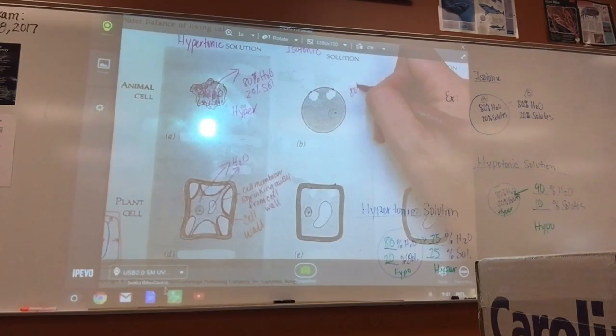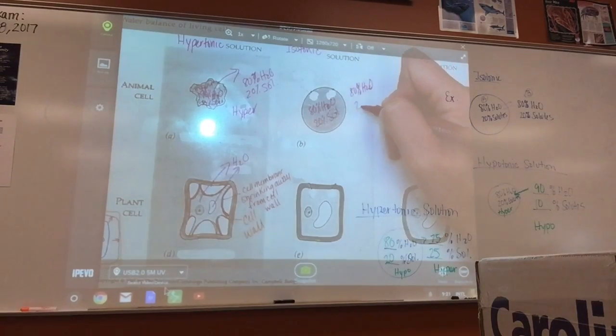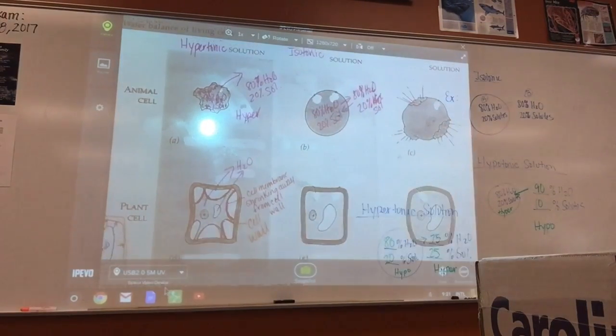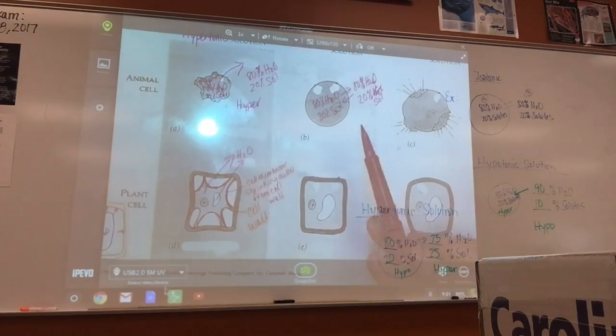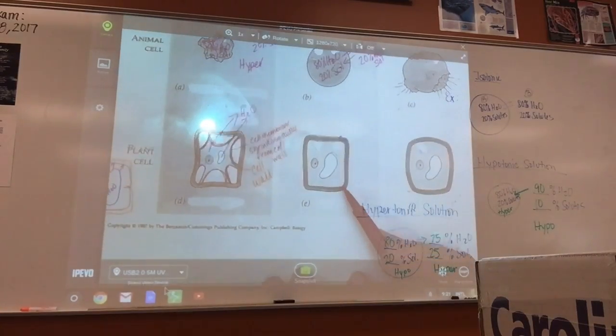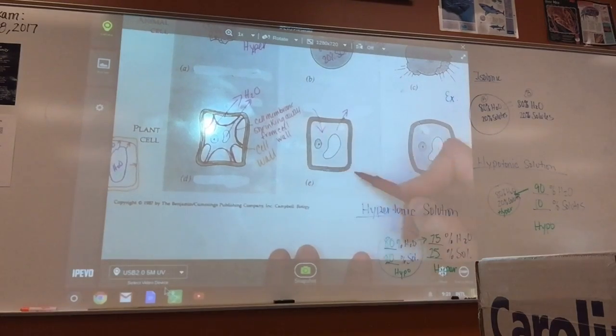So whatever percentage you put of water outside, so water is going to go in and out at equal rates.